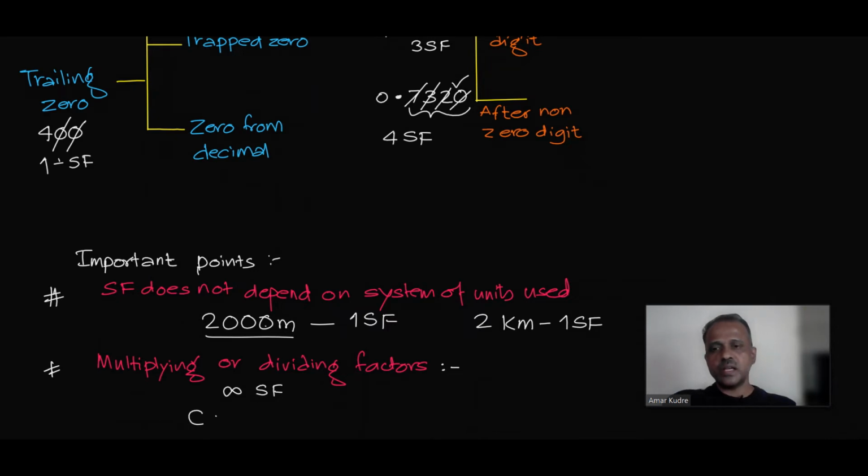Suppose you are considering the circumference of a circle, which we say is 2 pi r. Here, pi has infinite significant figures, which we all know. And suppose we have measured the radius of a particular circle to two decimal places, say 123.45.